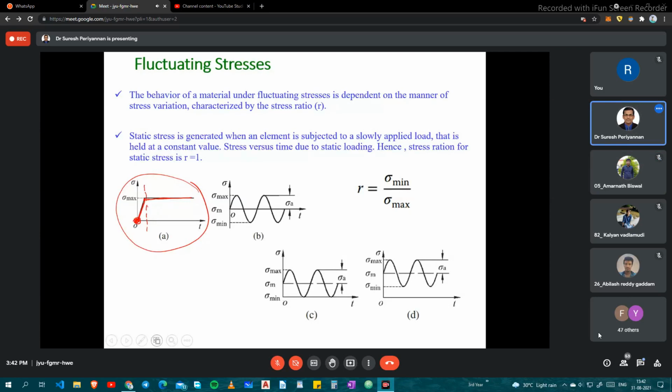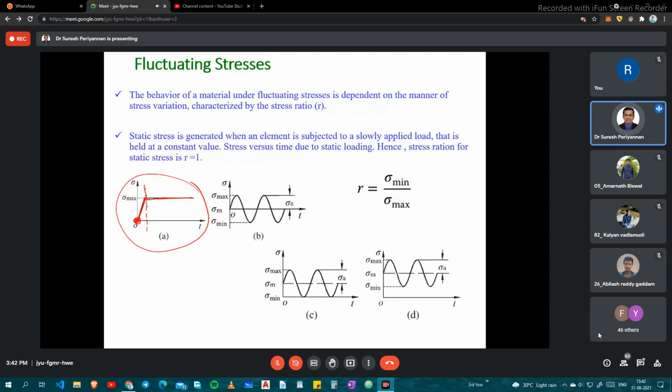Gradually it will increase. Because if it suddenly increases the stress value, that is nothing but impact load. So impact load is not advisable for designing any mechanical component.